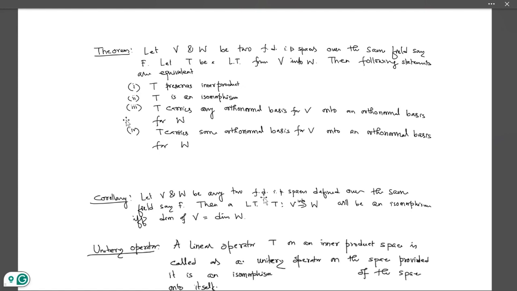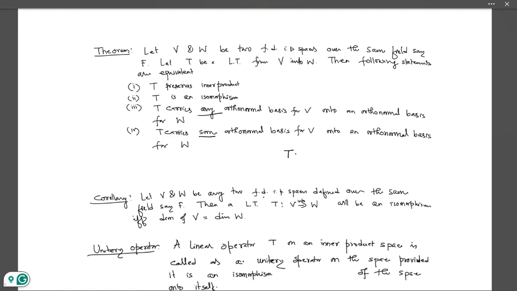If T preserves the inner product, then any orthonormal basis will go to an orthonormal basis. I mean, norm one vectors go to norm one vectors.